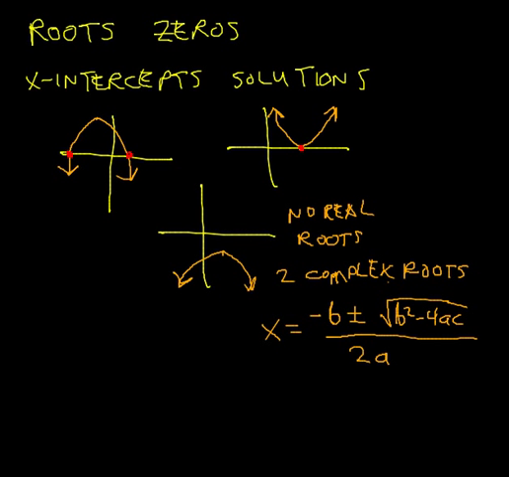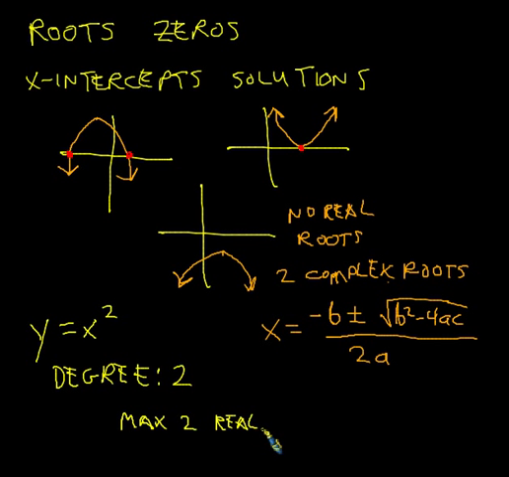And one of the things that I want to point out here is that quadratic equations are second degree, also known as degree 2. And it's not just a coincidence that they're second degree polynomials, and at the same time they have a max of two real roots.